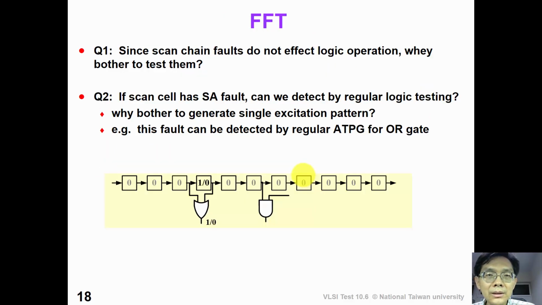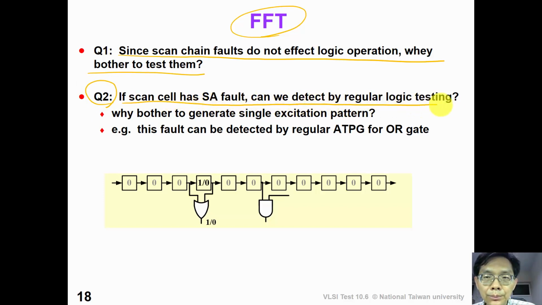Now, before we end this chapter, we want you to think about some questions. Question number 1. Since the scan chain faults do not affect our logic operation, why do we bother to test them? This is a good question for you to think about. Question number 2. If scan cell has a stuck-at fault, can we detect them by regular logic testing?